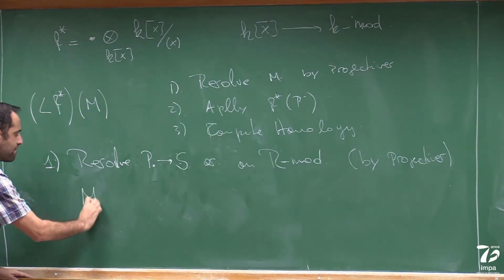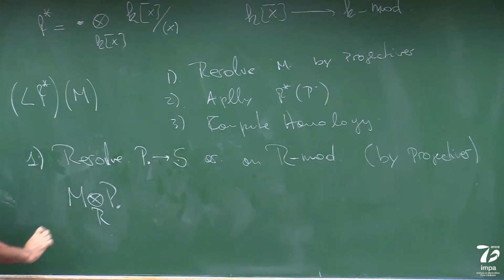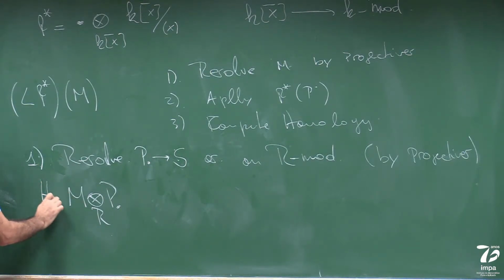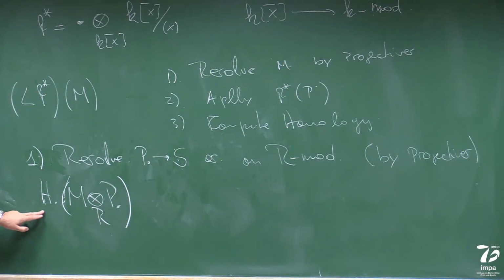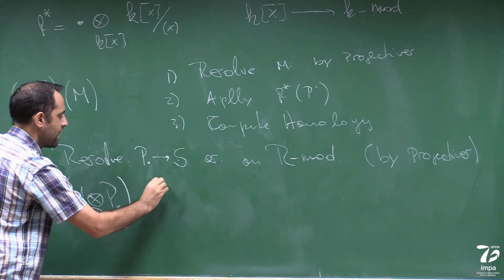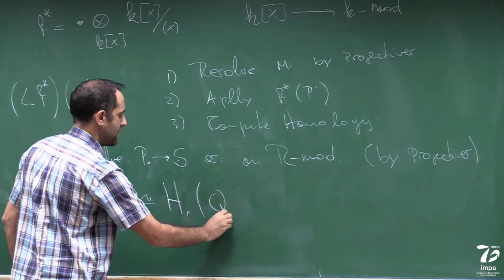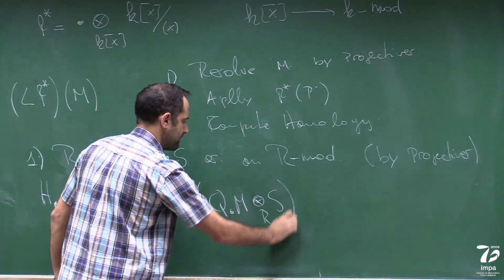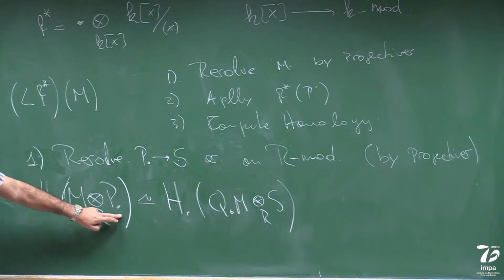Now if you give me M, you can tensor this guy over R with P and take the homology of this. And the statement that I haven't proven, but is true, is that the homology of this is the same thing as the homology of resolving M, taking a resolution of M, and tensoring over R with S. So you can resolve either one or the other one.